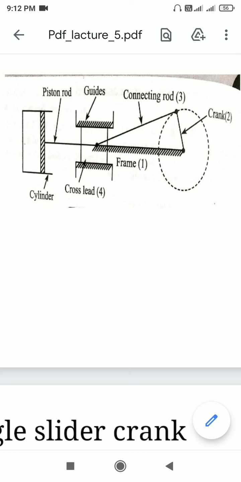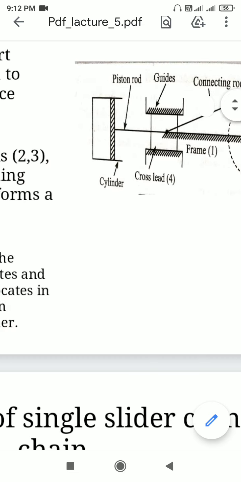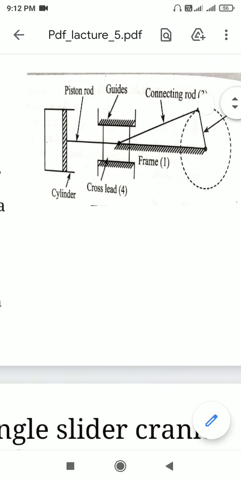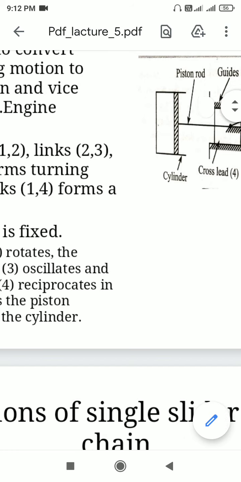Then we have the frame and the cross head, which form a sliding pair. At the same time, the crank and frame also form a turning pair. Thus 1 and 2 is a turning pair, 2 and 3 a turning pair, 3 and 4 a turning pair, and 1 and 4 is a sliding pair, which is clearly shown in the figure here.